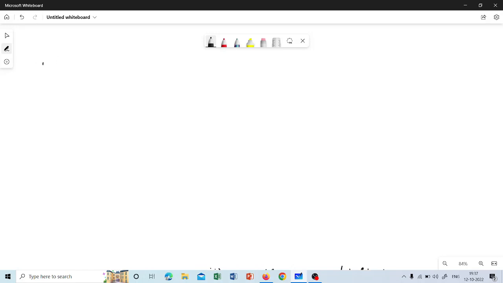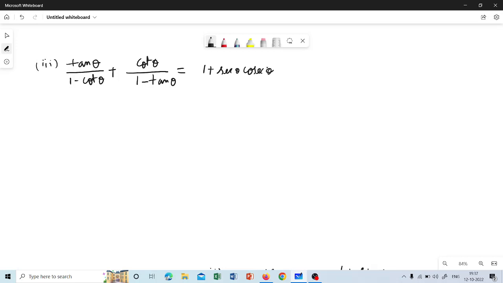The third part is tan theta by 1 minus cot theta plus cot theta by 1 minus tan theta is equivalent to 1 plus secant theta into cosecant theta. So this is asked to prove.